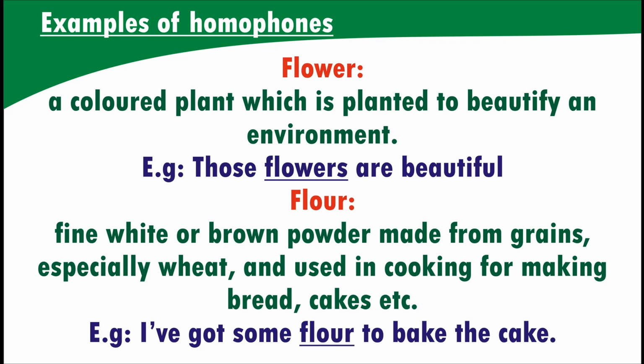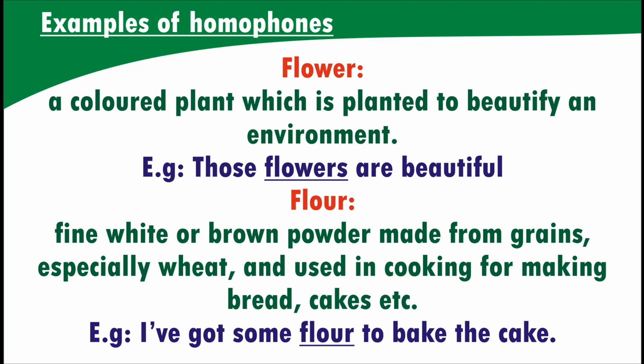Now to the examples of homophones. The first homophones I have here are flower, F-L-O-W-E-R. A colored plant which is planted to beautify an environment. We all know a flower is a plant. Example: those flowers are beautiful.